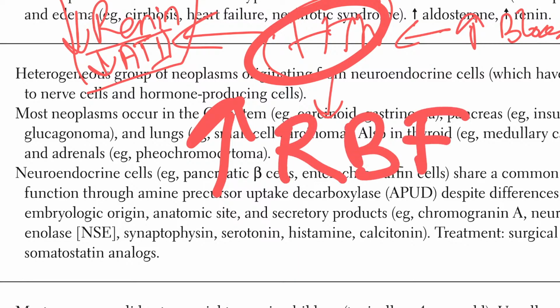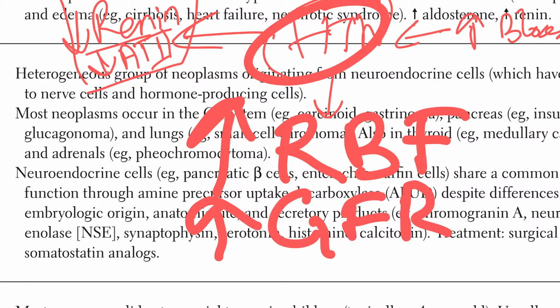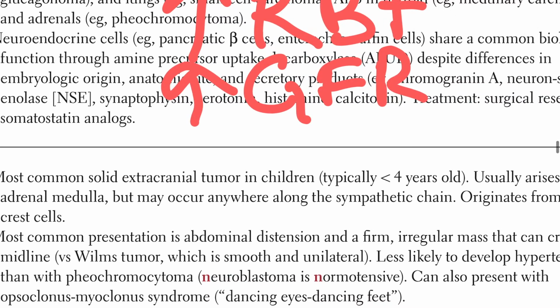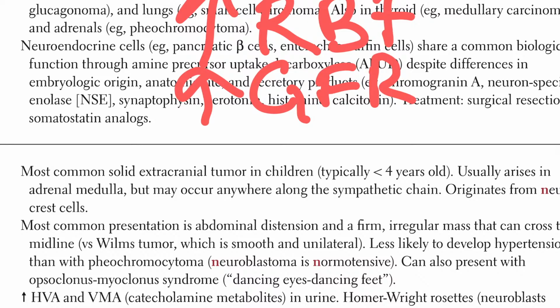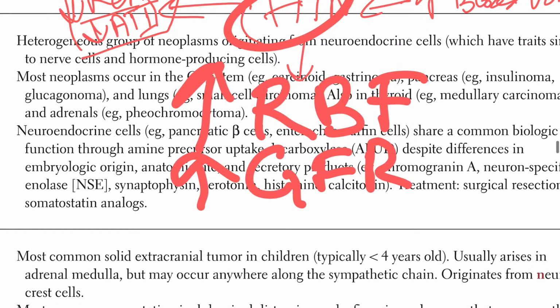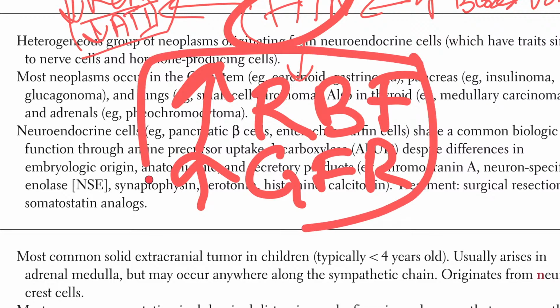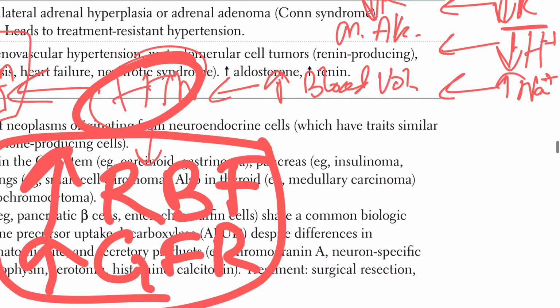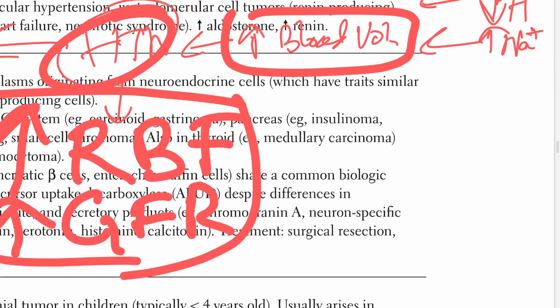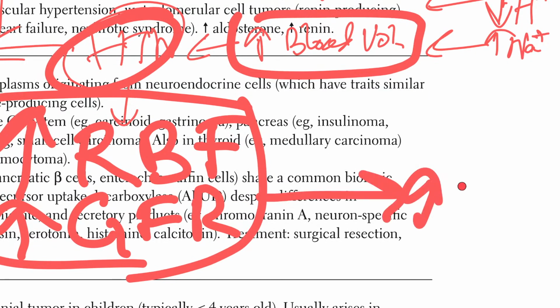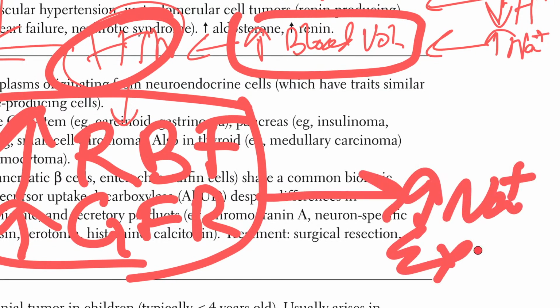An increase in renal blood flow, increasing GFR, glomerular filtration rate, and all of that is going to cause increased excretion of sodium, right? Because more sodium is going to go there, and because you are already having increase in blood volume, you are going to deplete out that sodium. So increase sodium excretion in urine.